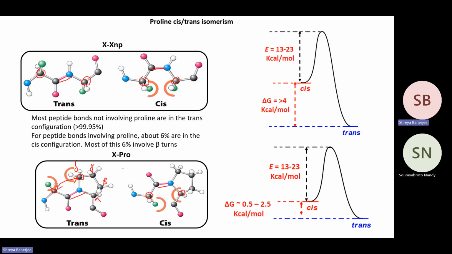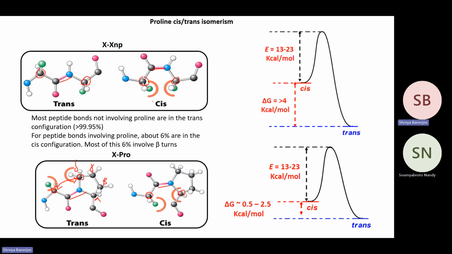So whenever you have proline, both cis and trans are destabilized by steric interactions. That is why the energy difference between cis and trans is reduced when you have proline. And because of this reduction in energy difference, conversion between cis and trans is easier in the case of proline. Normally in other peptide bonds which don't have proline, the trans is very much dominant.